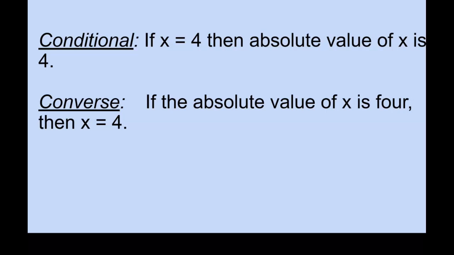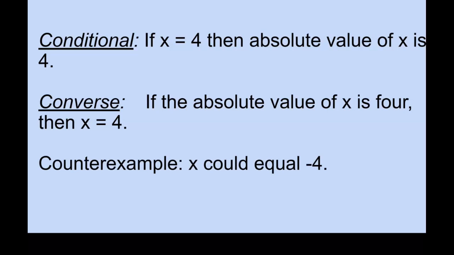But if you think about this for a second, that's not true, because we can think of another value for x such that the absolute value is also 4. So in this case, we could provide a counter example where x could equal -4 and the converse is not true. Therefore, we cannot write a biconditional.